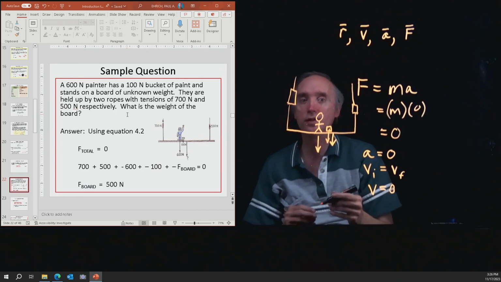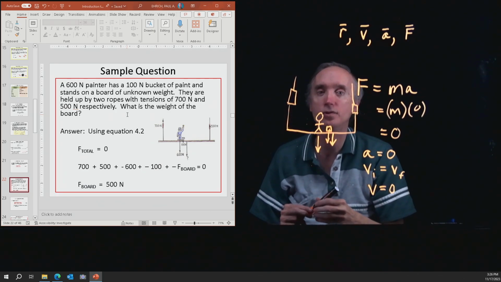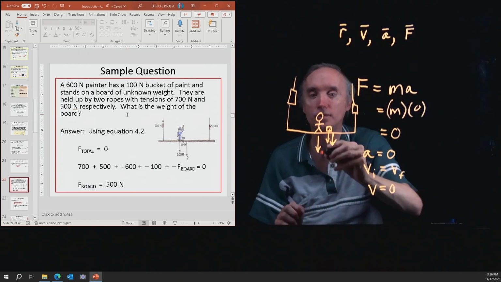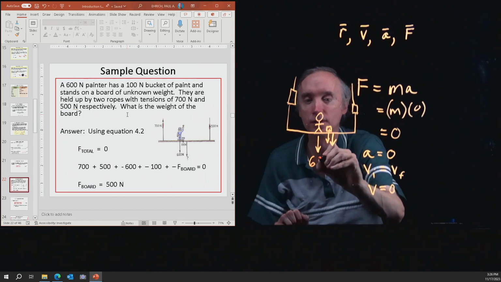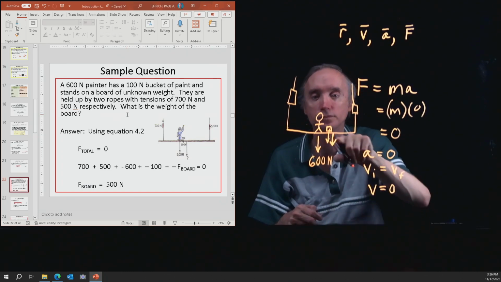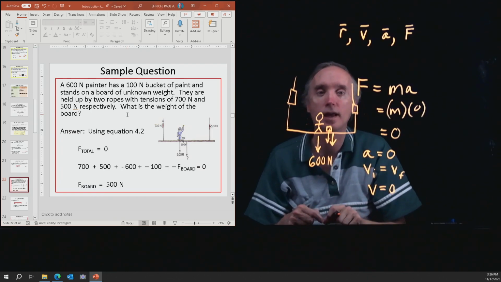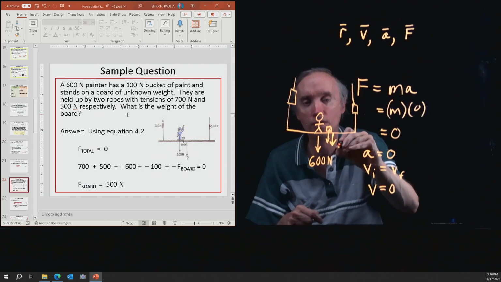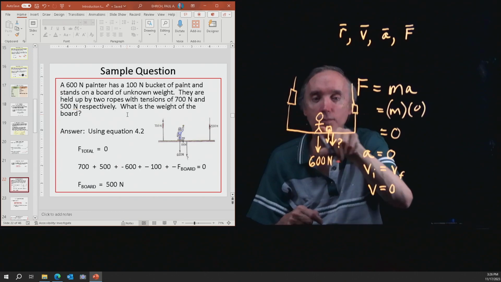So the question is, a 600 Newton painter, so that's him, has a 100 Newton bucket, so that's that, and stands on a board of unknown weight. So we don't know how much the board weighs.